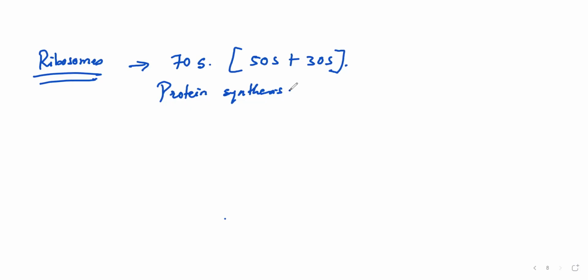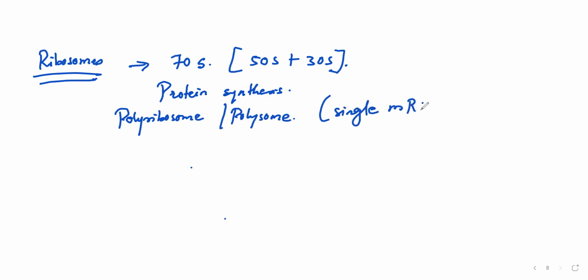If it is present in a group, then we say it is a polyribosome or polysome. When several ribosomes come together on a single mRNA, we say it is a polyribosome or polysome. M stands for messenger, and RNA is ribonucleic acid. DNA is deoxyribonucleic acid, whereas RNA is ribonucleic acid.